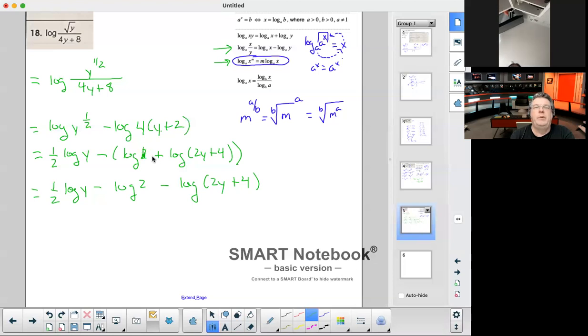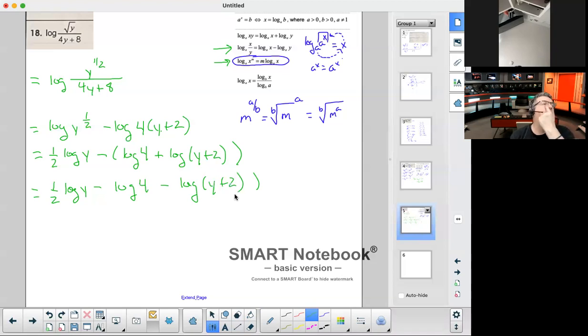Yeah. Okay, so let's hold on. So that turns into log of 4 and y plus 2, right? And then log 4 y plus 2.